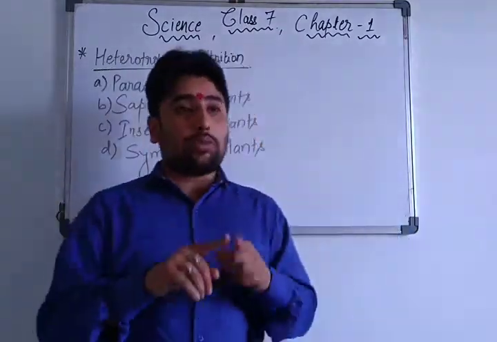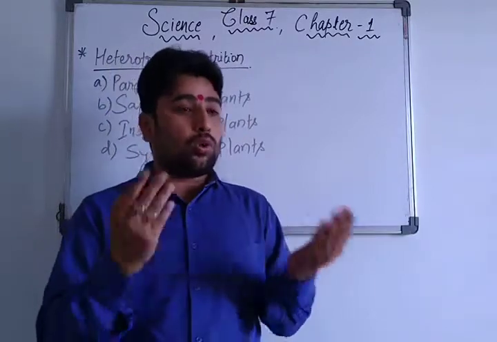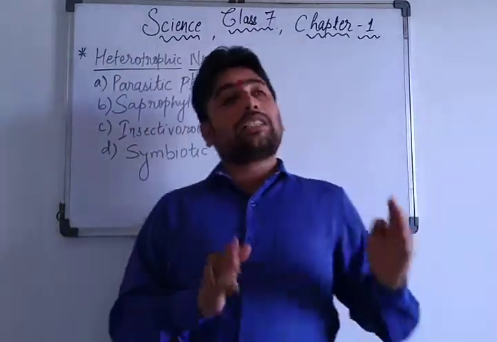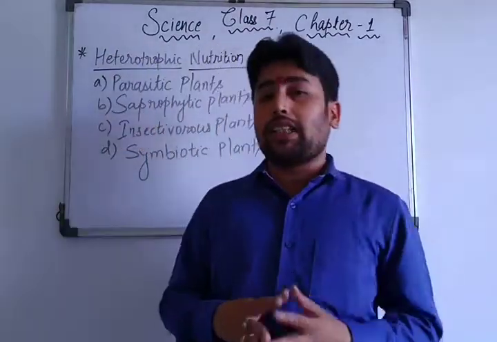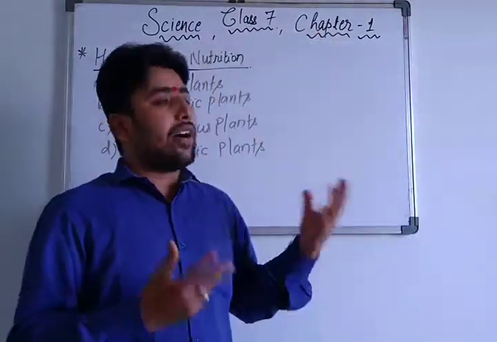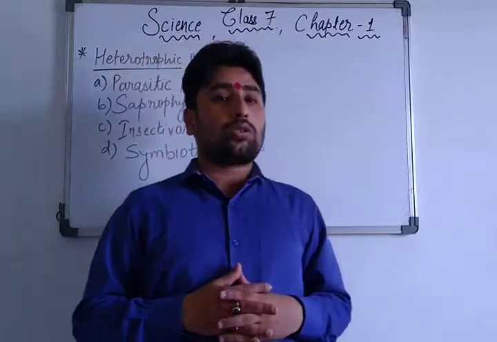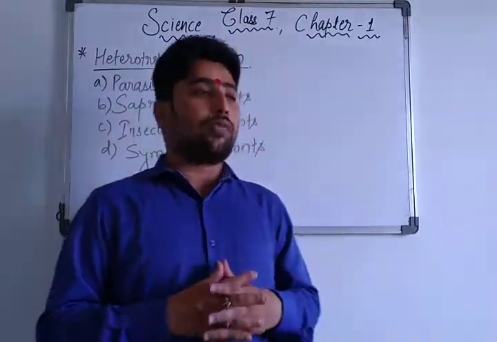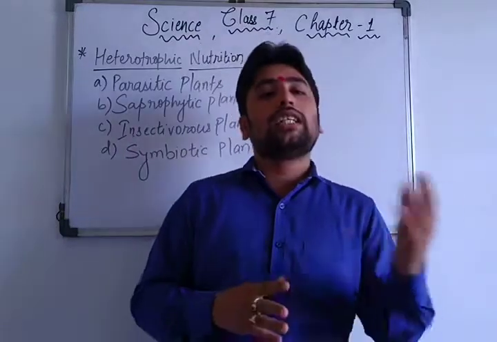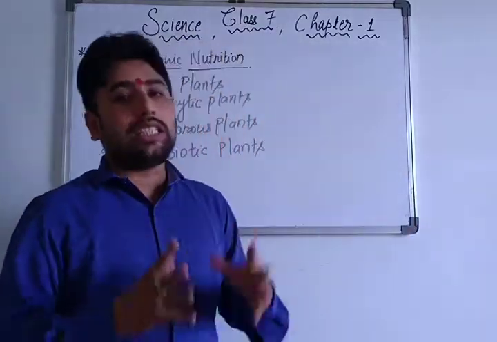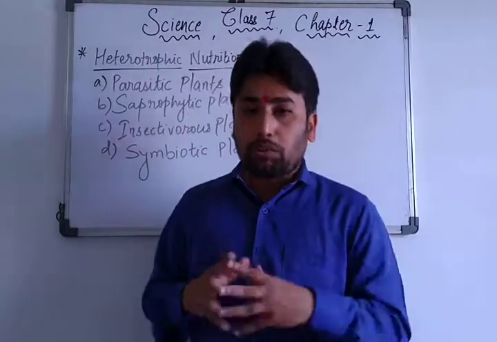In these stomata the guard cells are present, with opening and closing of the guard cells. As the guard cells open, they absorb sunlight, and after that they start preparing food. As I have told you, the reaction is: carbon dioxide plus water, in the presence of sunlight and chlorophyll, gives oxygen and glucose. This is the reaction of photosynthesis.